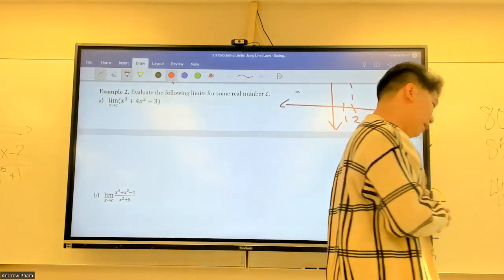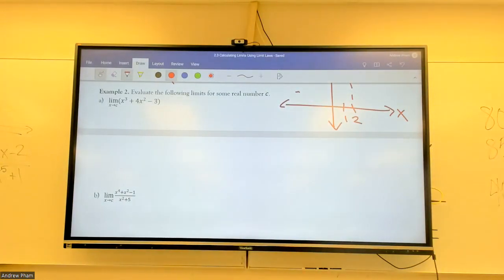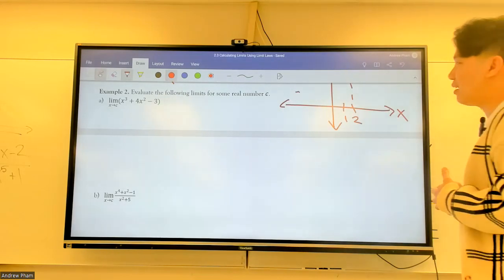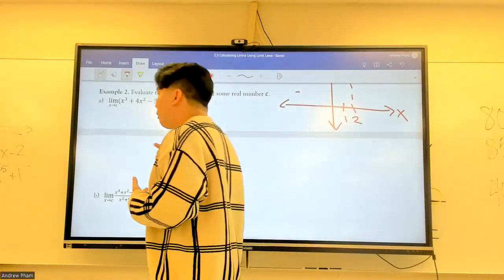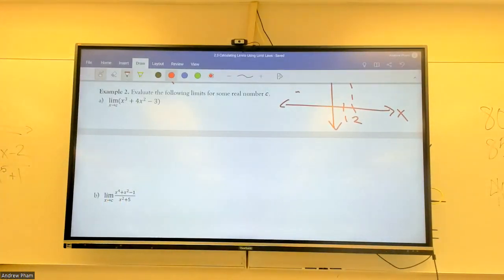So for this example 2, we're looking at part A. And now I have the limit as x goes to some number C. I don't really care what C is. I'm just using it in a broad sense. Of the function x cubed plus 4x squared minus 3. I'll give you all a second to copy this down.